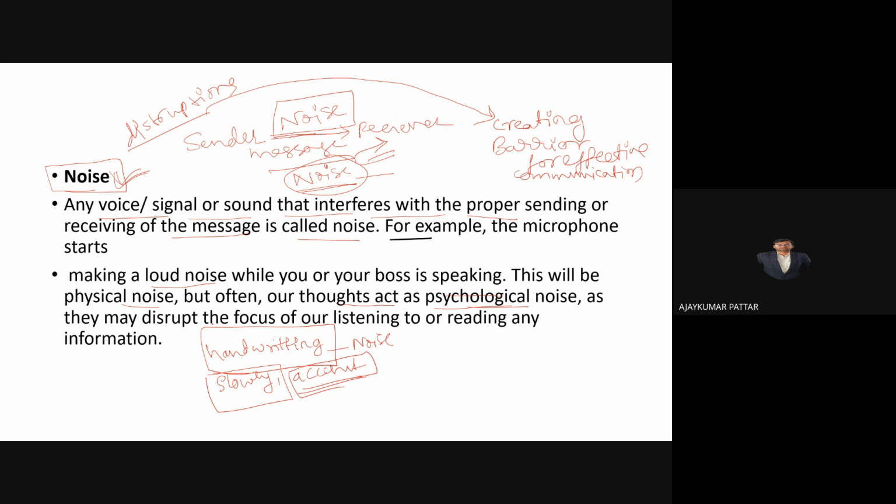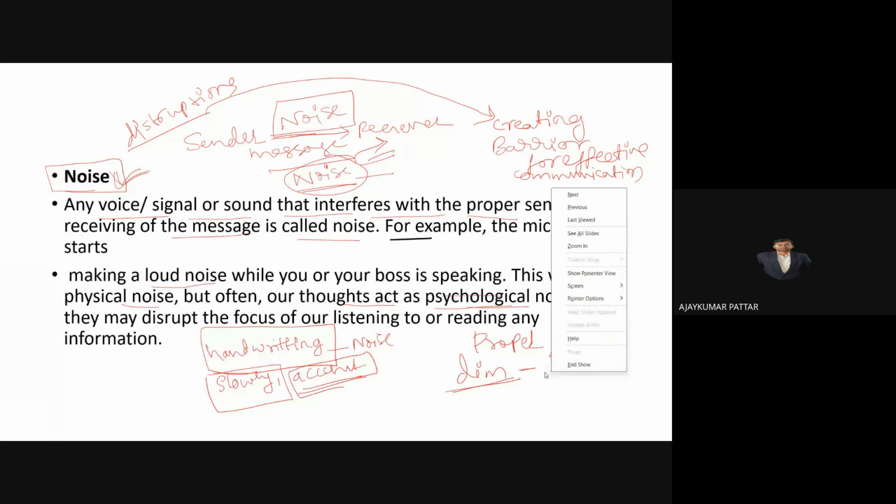For example, noise may also occur in the form of poor handwriting, heavy accent, or soft speech. Communication in a poorly lit room, meaning in a classroom, if proper illumination is not there and there is a dim light while you are demonstrating anything, then it will not be considered effective communication.